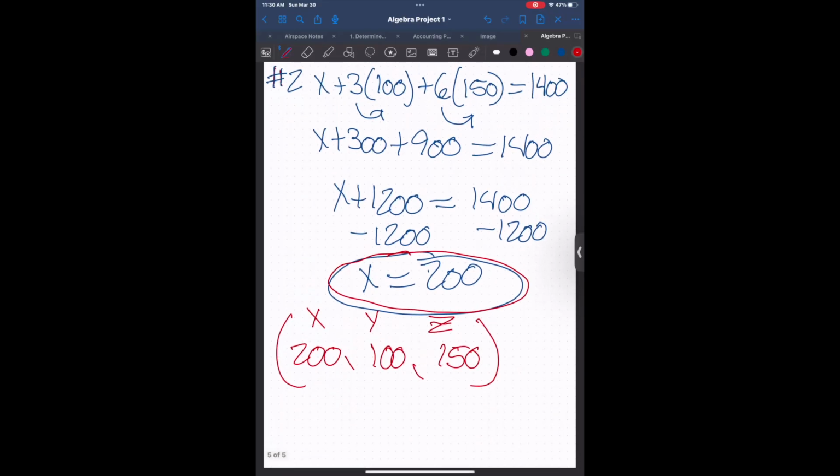So if we go back to our original problem here, let's write this out. X is equal to 200 master beds. Y is equal to 100.